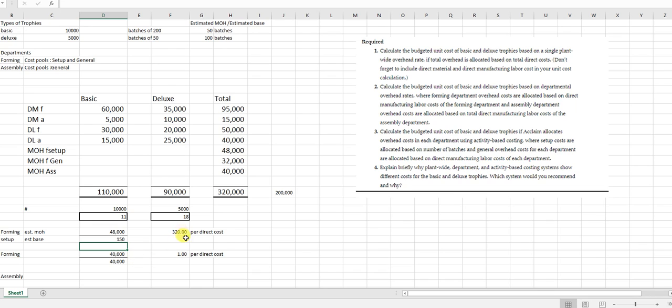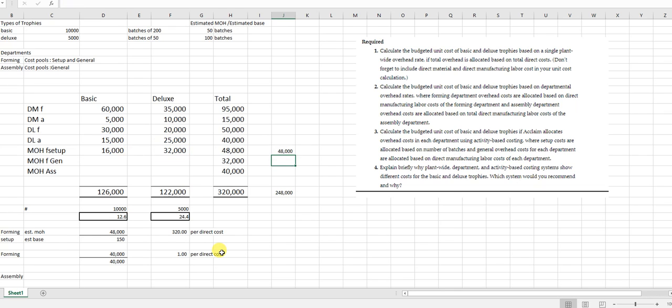So it's going to get $320 per batch. So my basic is going to get 50 times the 320. So my basic is going to be allocated 16,000. And my deluxe has 100 batches times the 320. So my deluxe is 32,000. So if you want to check your math, that better add up to 48,000.